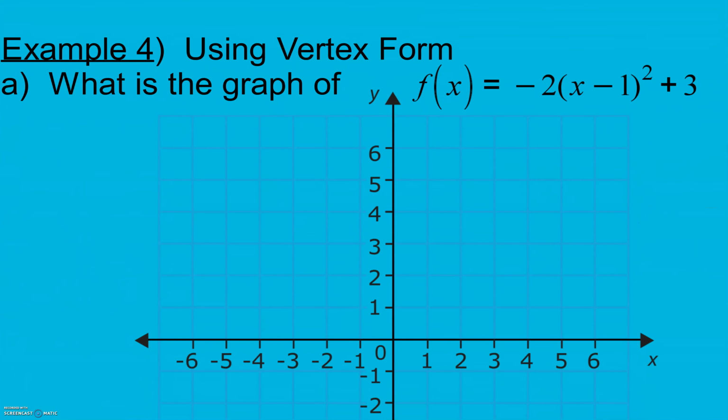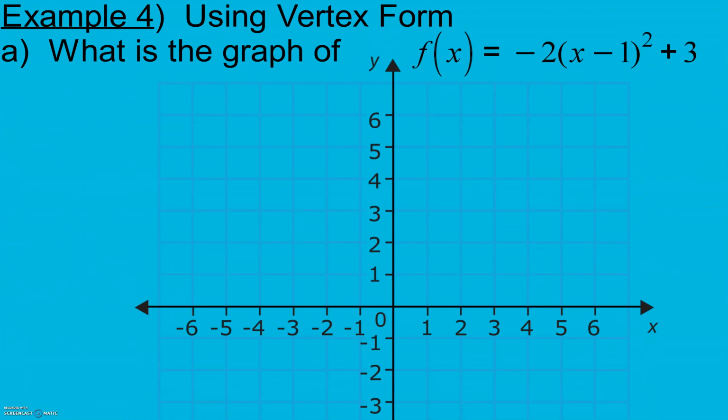So in example 4, we're going to use vertex form here and pick out our translations and then use those to graph. I have 4 different translations here. The negative is a reflection about my x-axis. So instead of being a happy face parabola, I'm going to have a sad face parabola. My 2, since it's being multiplied, is a stretch by a factor of 2.